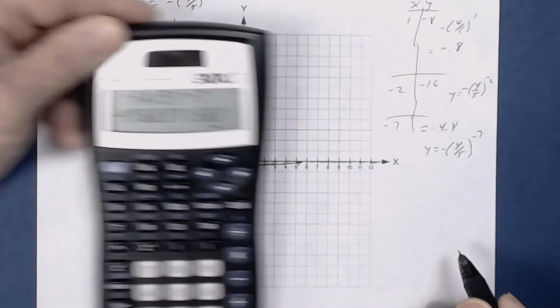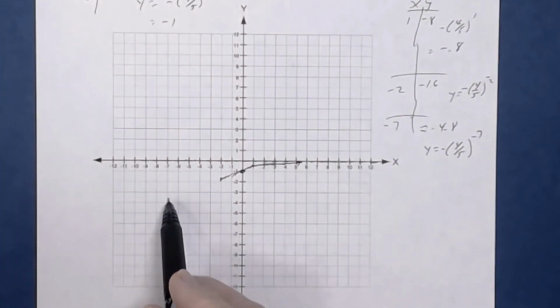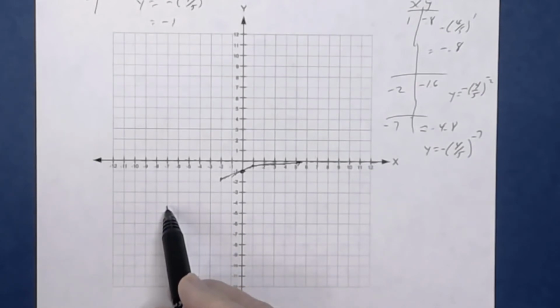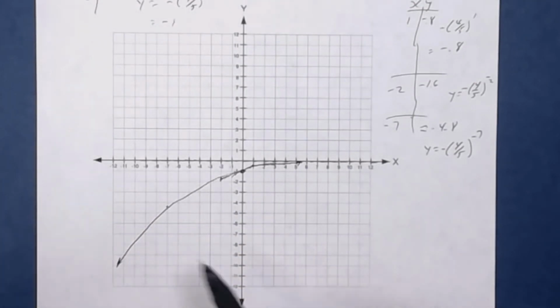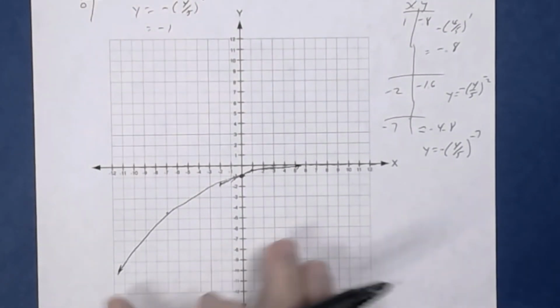So we get negative 7, negative 4.8, about here. It looks something like this. That's the graph of this function.